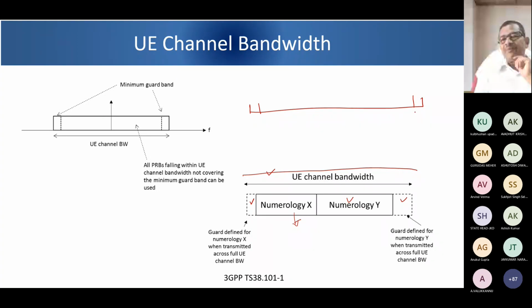Your RB may not start straight away here. It is possible that even after leaving the guard band, you have to leave some more space just to align with the subcarriers or RBs as defined in the standard. I hope this is clear to all of you.